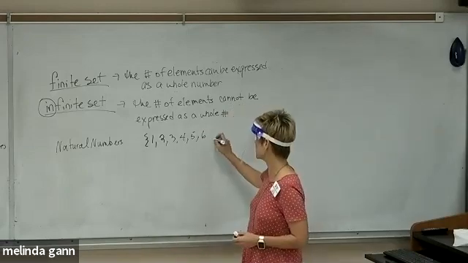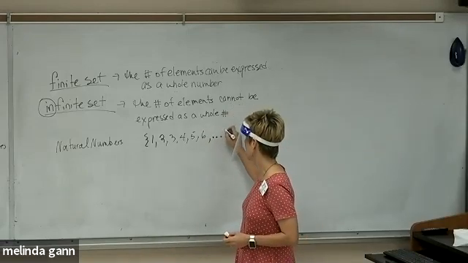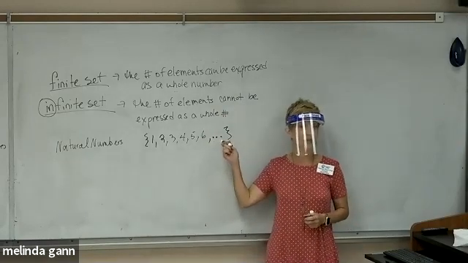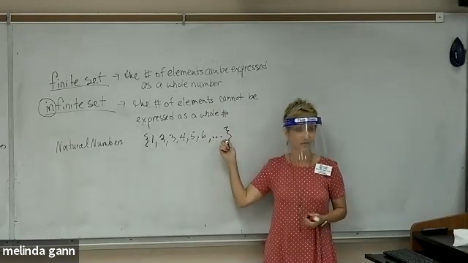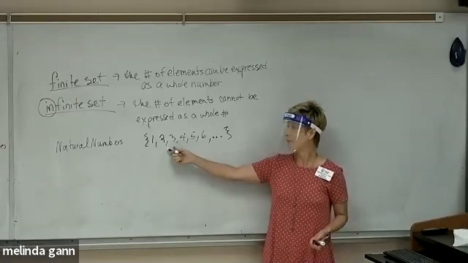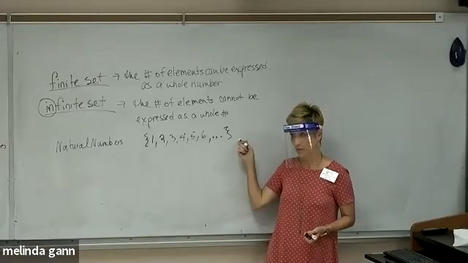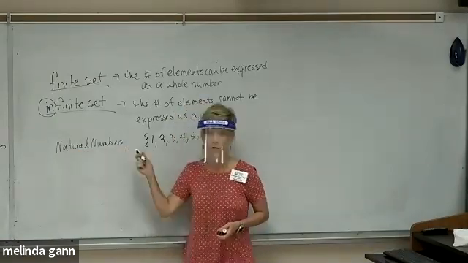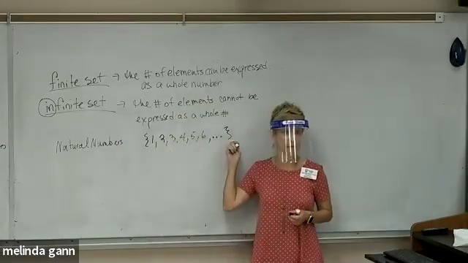It's 3 dots. Dot, dot, dot. All the ellipses mean is the pattern continues. So that would be a way to write the natural numbers. If I just wrote natural numbers, that's description method. Do you understand that this would be roster method?